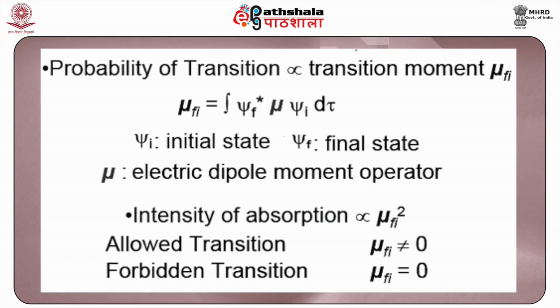The intensity of absorption will be directly proportional to the square of the transition moment. The transition will be allowed if the value is not equal to 0, and it will be forbidden if the value is equal to 0.